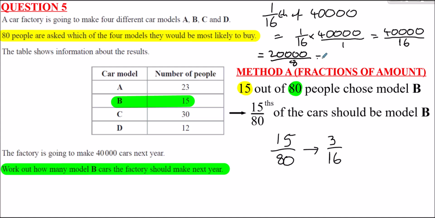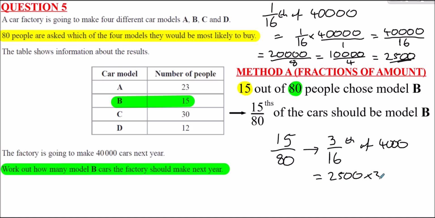Again, still even, so halve again. We're going to get 10,000 over 4, still even. At this stage, you might be able to do this directly, of course. So 10,000 divided by 4, if you want to do it directly, would be 2,500. Therefore, if 1/16 of 40,000 is 2,500, then 3/16 of 40,000 must be 2,500, which was 1/16, multiplied by 3, which is 7,500.